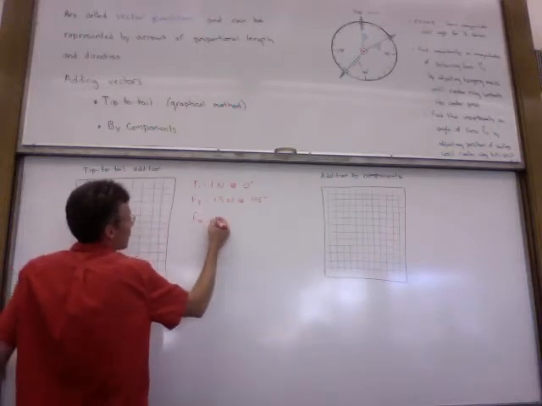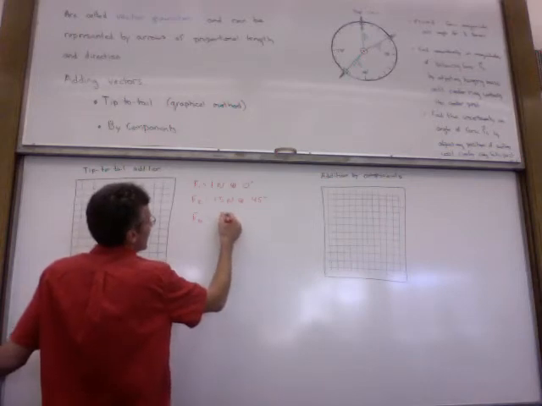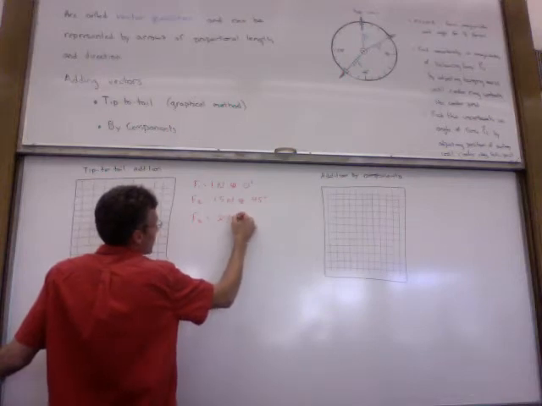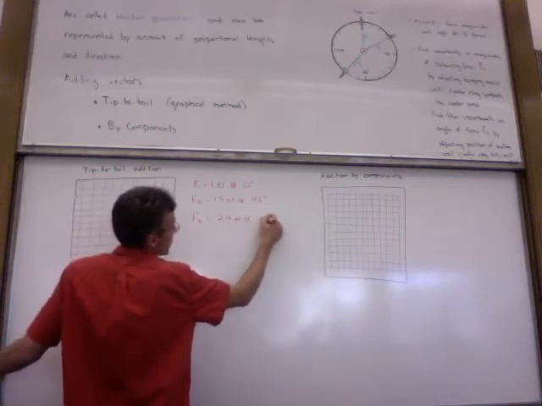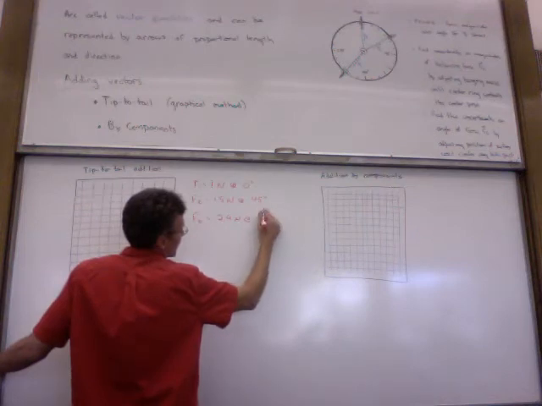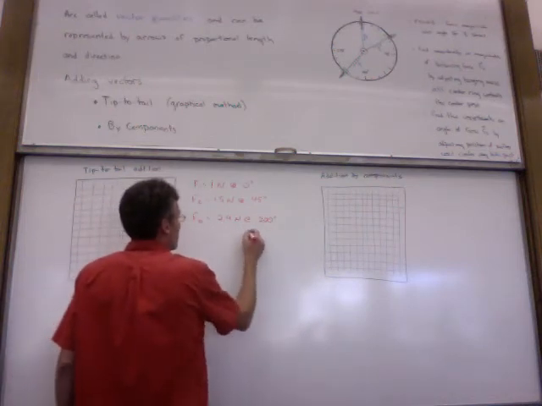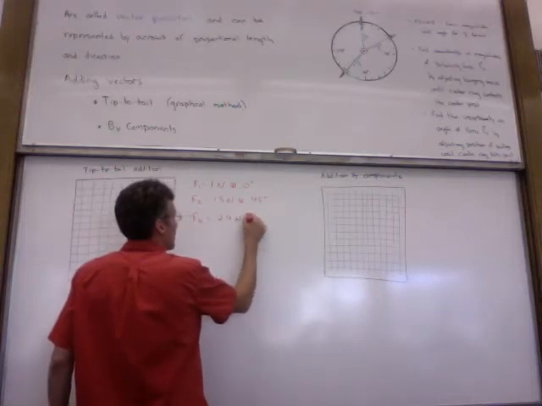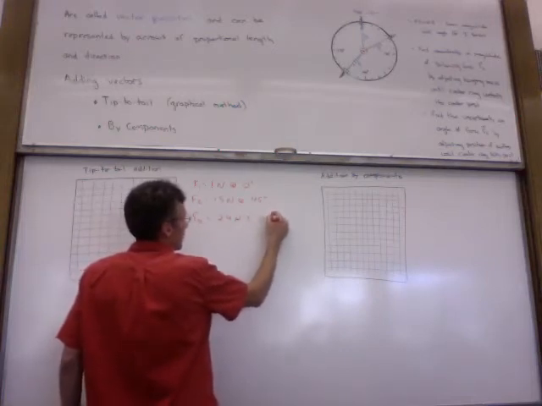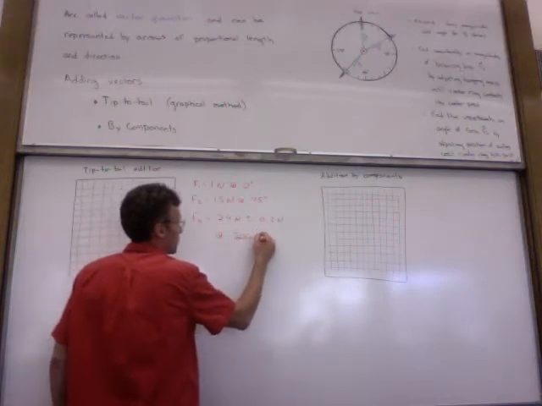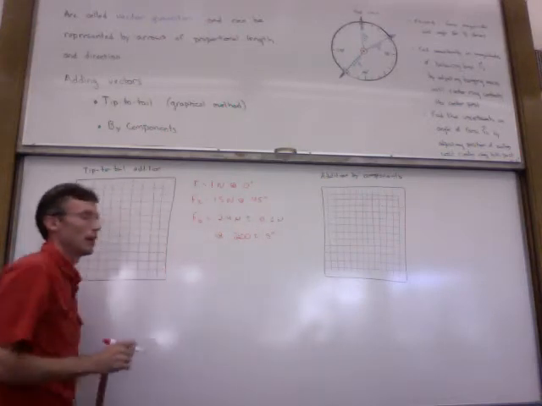And maybe the balancing force is measured to be, say, 2.4 newtons at, let's say, 200 degrees. And let me write that with uncertainty, plus or minus 5 degrees.